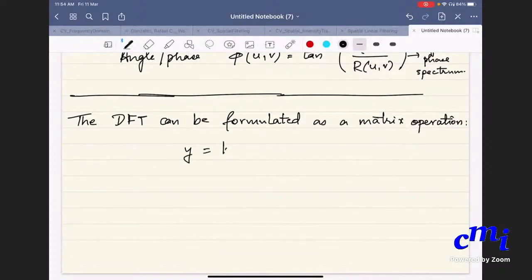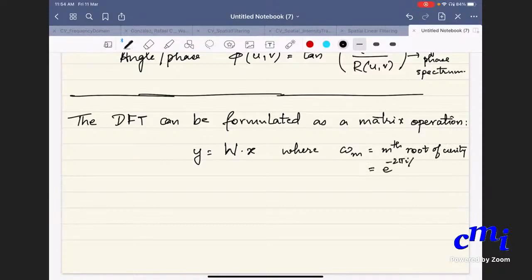It can be formulated as follows: Y equals W times X, where if we let omega small m denote the mth root of unity, which means this is e raised to minus 2 pi i by m, then W will be the matrix with first row omega m to the 0, omega m to the 0, and so on.